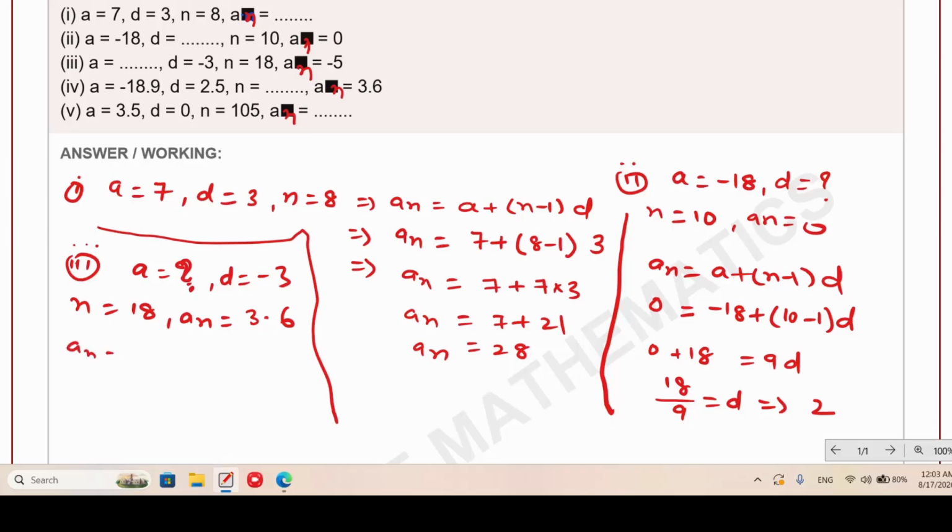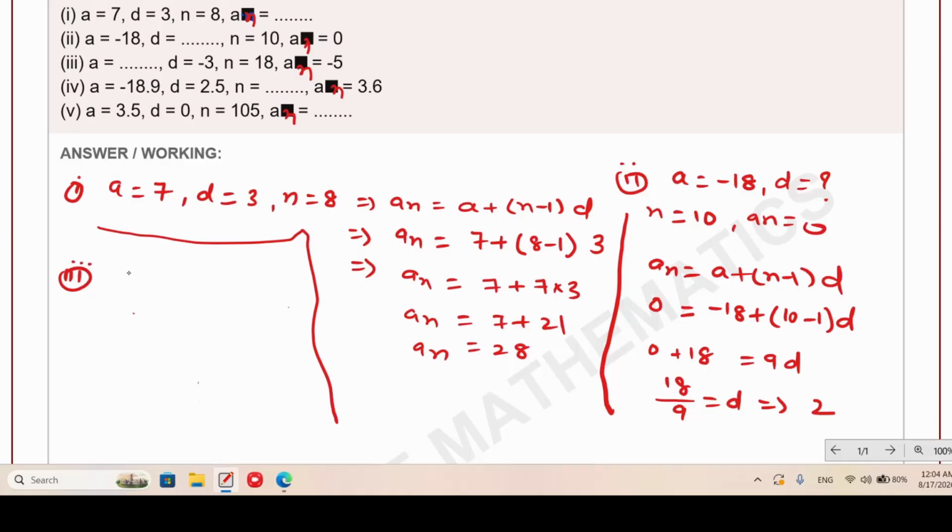So An is equal to A plus N minus 1 into D. An is 3.6, N is 18, 18 minus 1 is 17 and D is negative 3. No, I copied the wrong one. So let's do question number 3.